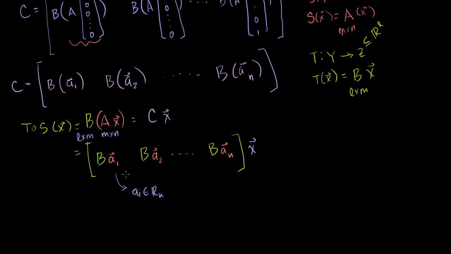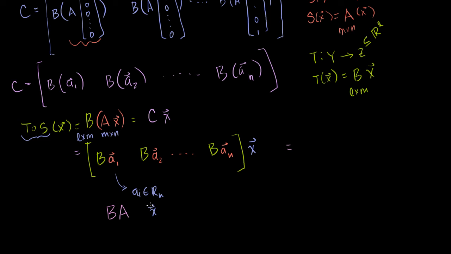Now, this is an interesting thing because we were able to figure out the actual matrix representation of this composition transformation, but let's extend it a little bit further. Wouldn't it be nice if this were the same thing as the matrix B times A, all of that times x?